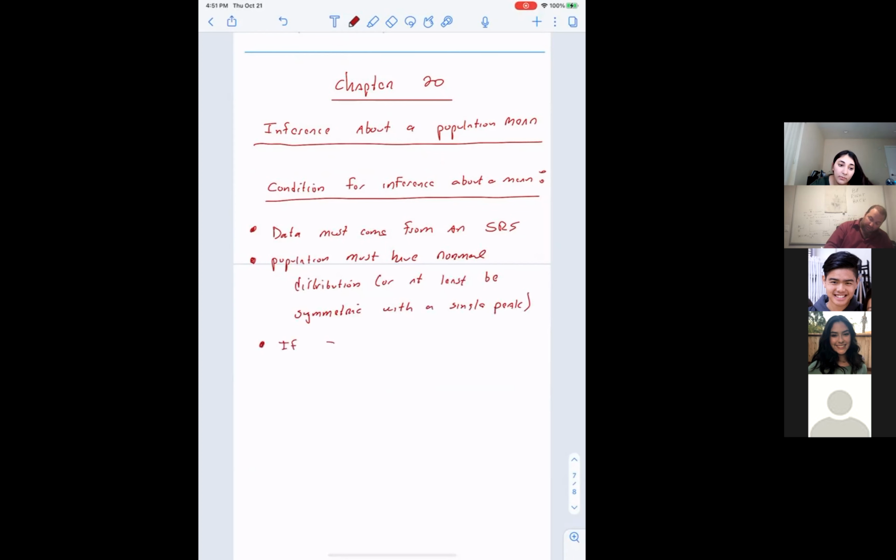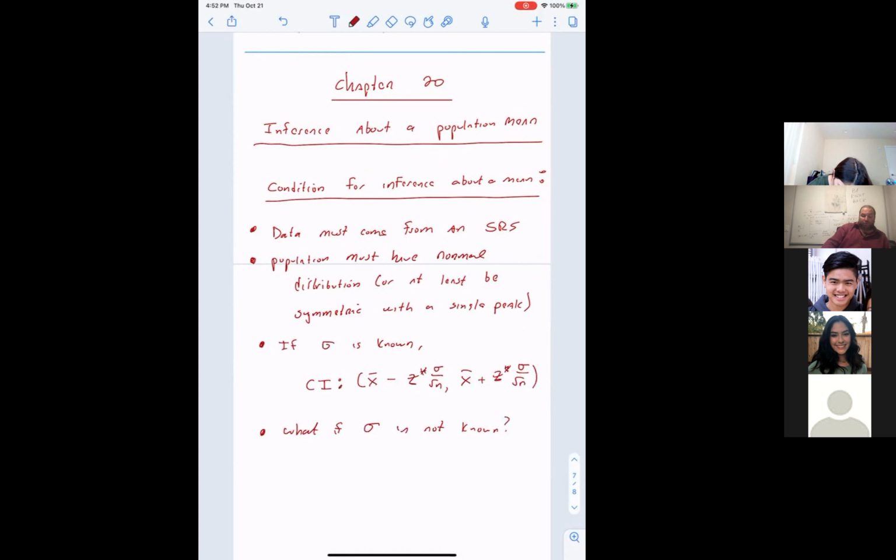If sigma is known, then the confidence interval is x bar minus z star sigma over the square root of n to x bar plus z star sigma over the square root of n. Right? We did that before. So now, what if sigma is not known?